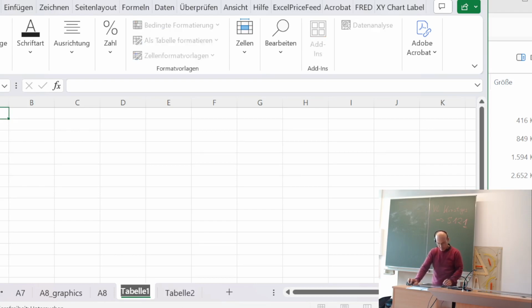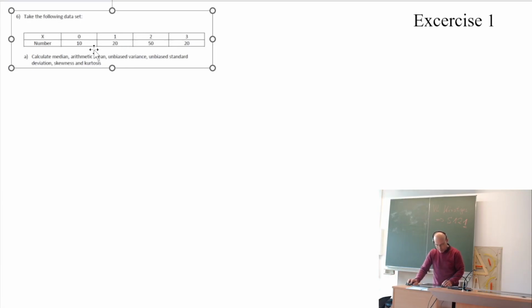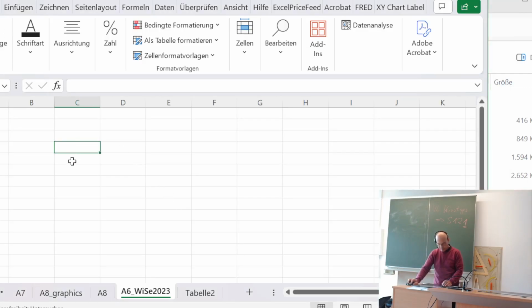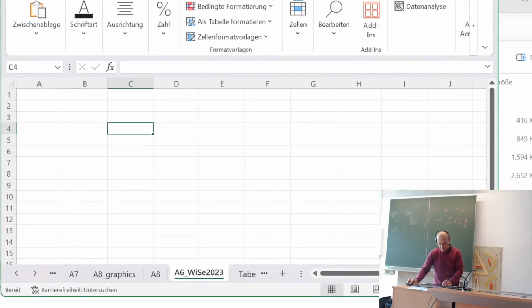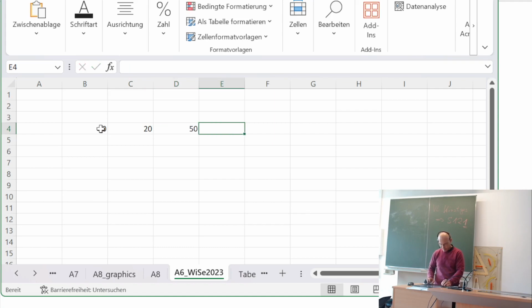So this is then A6, and data was 10, 20, 50, 20. 10, 20, 50, 20, and 0, 1, 2, 3.